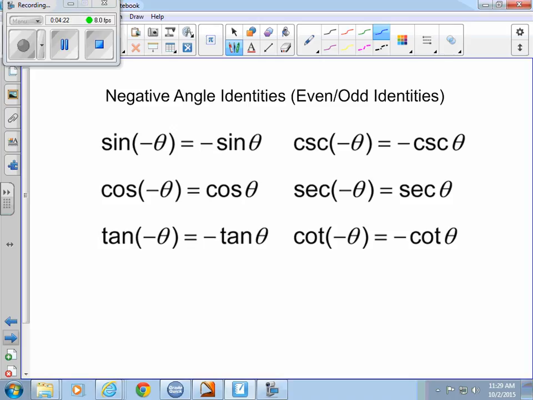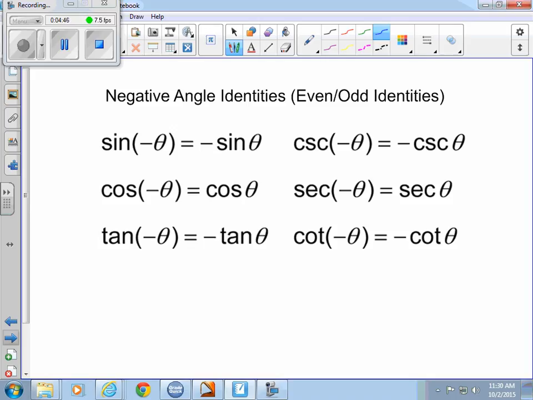Negative angle identity. These are also called the even and odd identities, and I'll show you why. Sine of a negative angle is the same as negative sine of that angle.